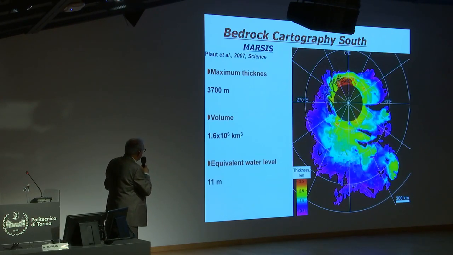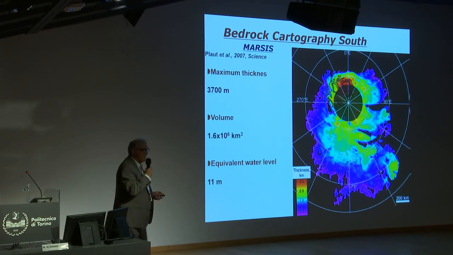This is what we made a few years ago, the first three-dimensional plot of the South Polar Cap. And you see here the depth, about 3.7 kilometers, and here it's shallower and shallower. We evaluated the quantity of water below the South Pole, and the equivalent water level would be about 11 meters over the whole planet.